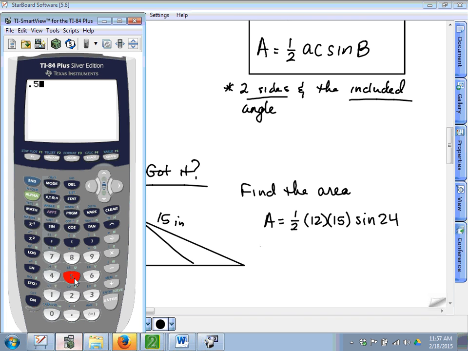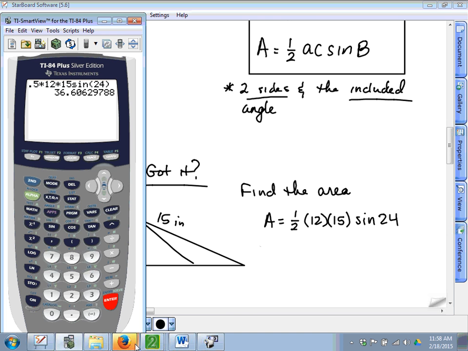So it's 1/2. I'm just going to do 0.5 rather than 1/2, times 12 times 15 times the sine of 24. I did 0.5 times 12 times 15 sine 24.